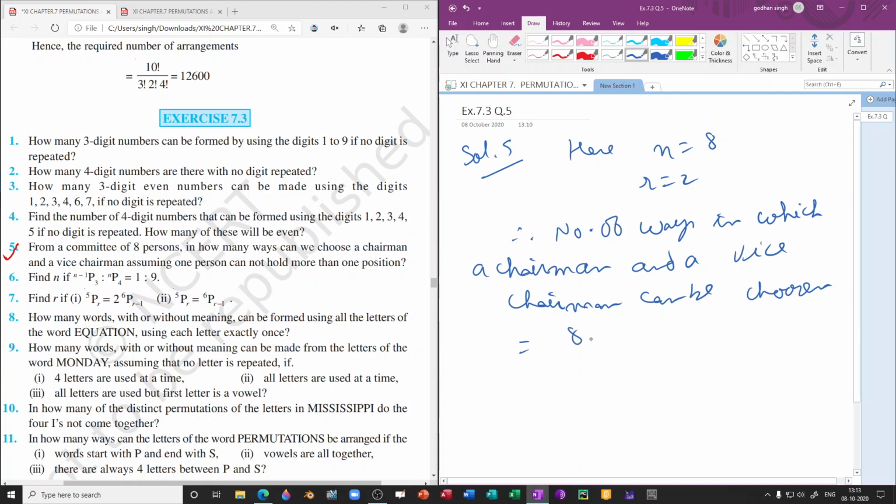So 8P2. So that is equal to 8 factorial over 8 minus 2, that is 6 factorial. So that will give us 8 into 7, that is 56. So in 56 ways, the chairman and vice chairman can be selected.